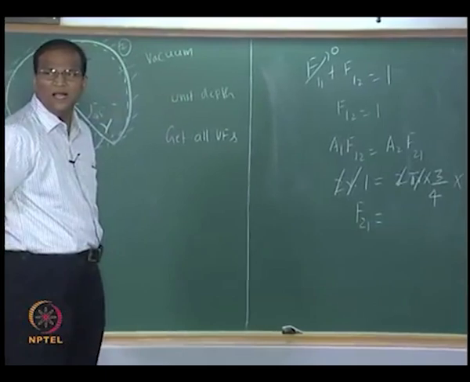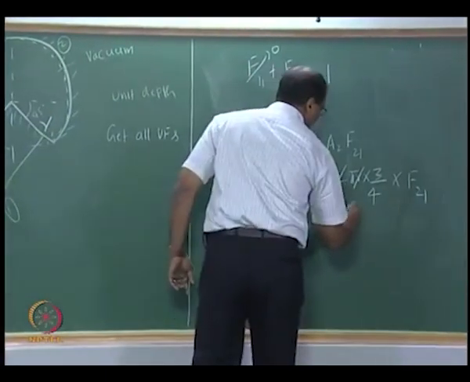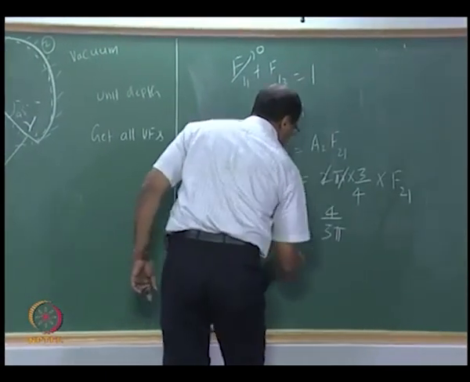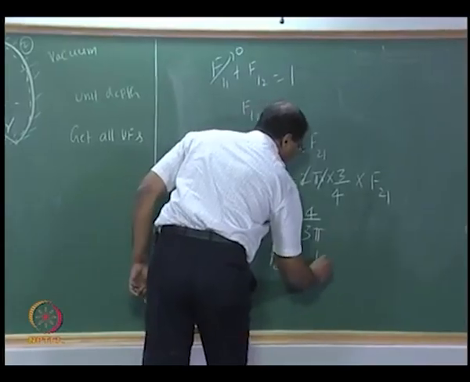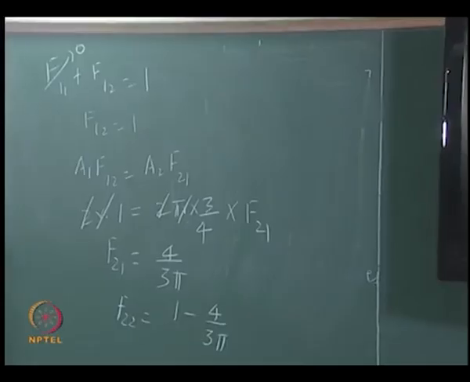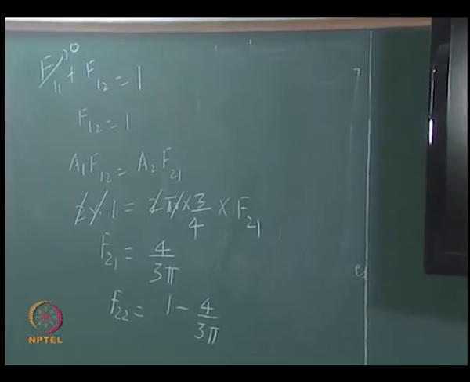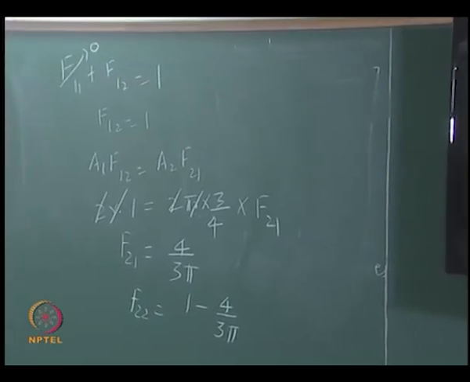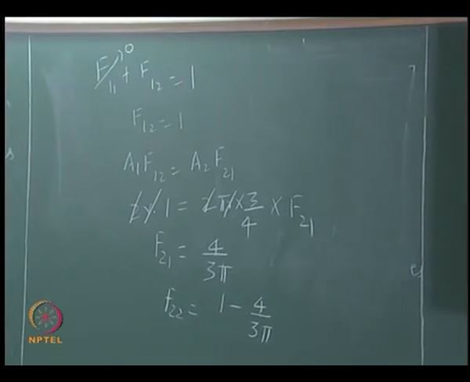Four by 3 pi. You can substitute for pi 3.14 and simplify all, okay.